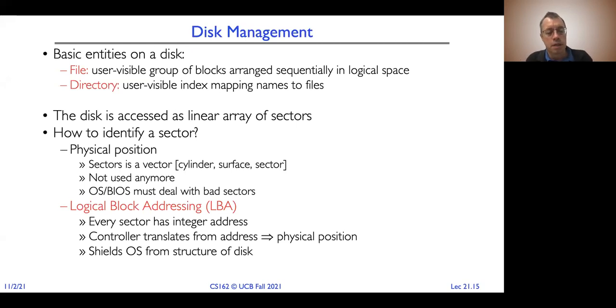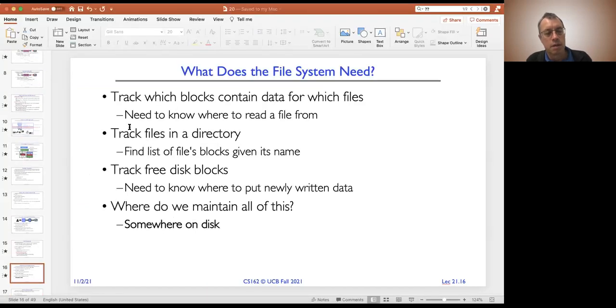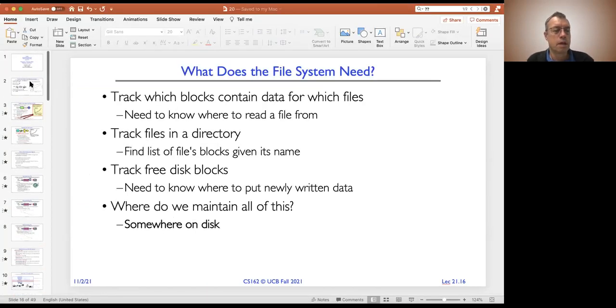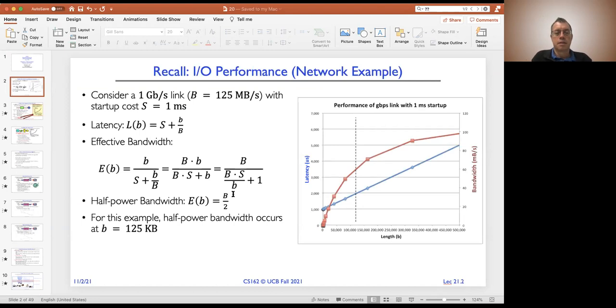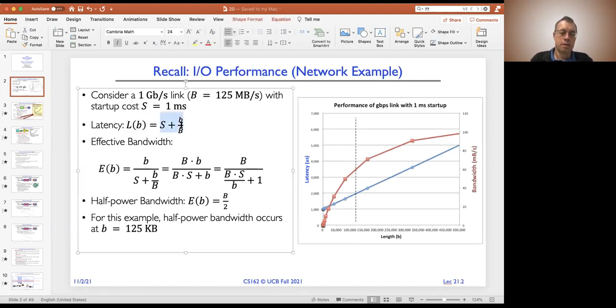Here is another way to think about it, to connect the dots. Remember this slide? Look here at this formula. The smaller the B, the less the effective bandwidth is.